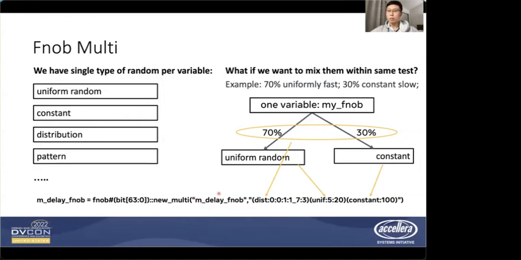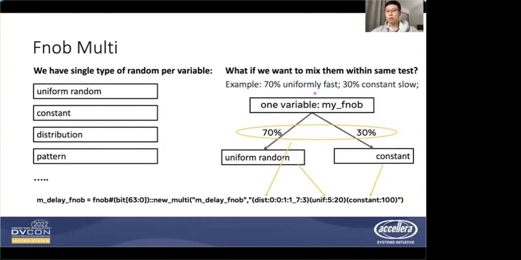There are two different parameters you need to declare in the Fnob multi. First one is, as always, the name of the Fnob. And the second parameter is actually a string of Fnob definitions separated by brackets. The first Fnob defines the distribution of all the random candidates.